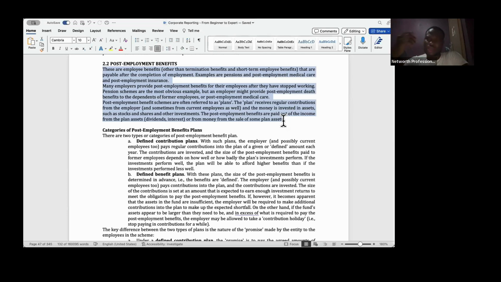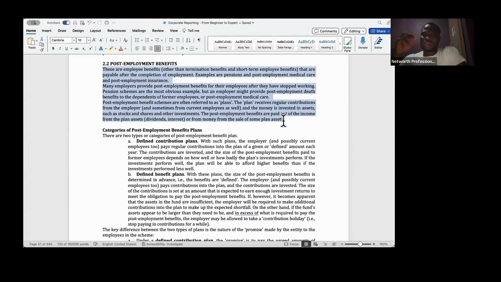Imagine somebody like any of you in this class that is mostly in your 20s and 30s. Most of us might be thinking about retirement, not yet. It's still another 30 years, another 25 years, depending. It seems a long time into the future, right? So what entities usually have is a post-employment benefits scheme, or they call it a plan.